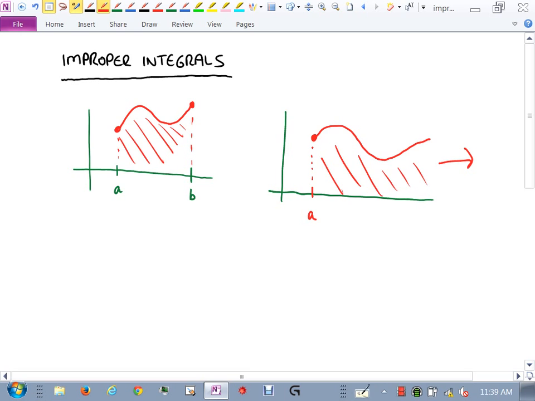Now, here's the argument that I think you could give. If I told you right now that this function was always positive, and I wanted you to find the area to the right of A forever, here's what I think a good argument would be in support of the fact that the area would have to be infinite. If you look at every single rectangle, every single rectangle will have some positive area to it, won't it?